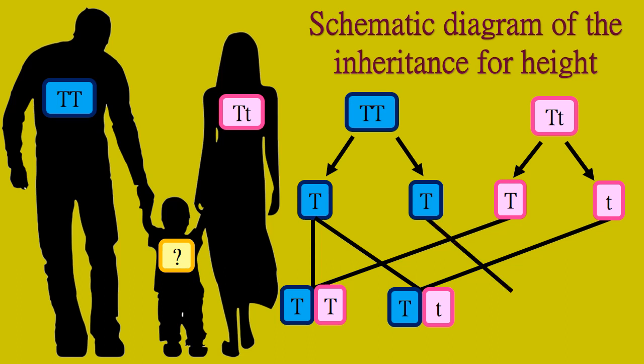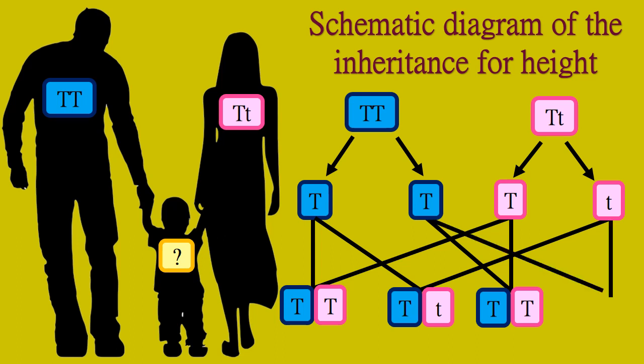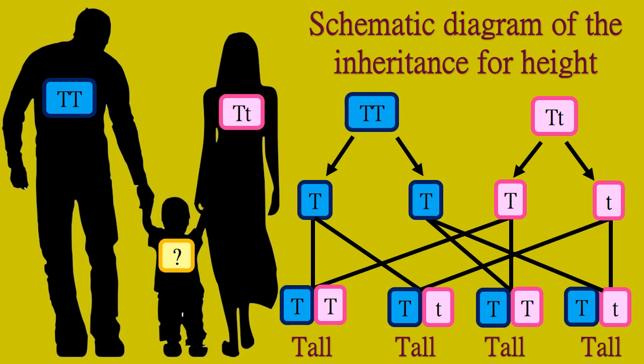Now we do the same process to the second capital T from the father combined with the first capital T from the mother, producing both capital T's. Finally, the second capital T from the father combines with the second small t from the mother, producing capital T and small t for the genotype of the child. Therefore, the chances of getting a tall child is 100%.